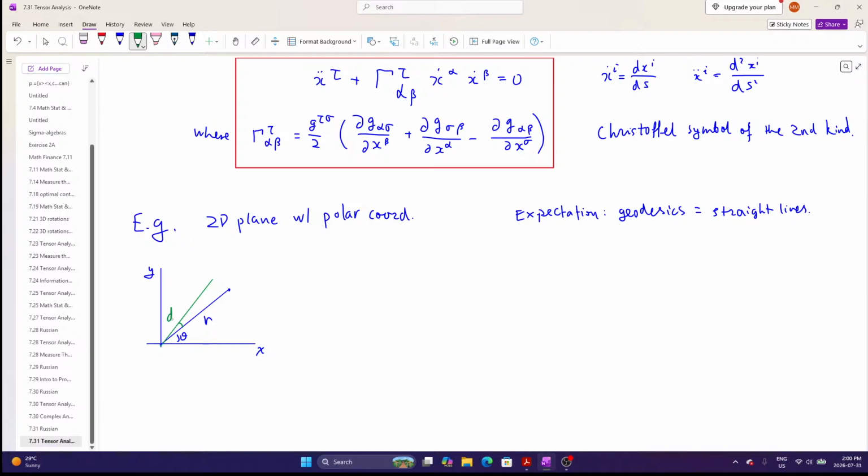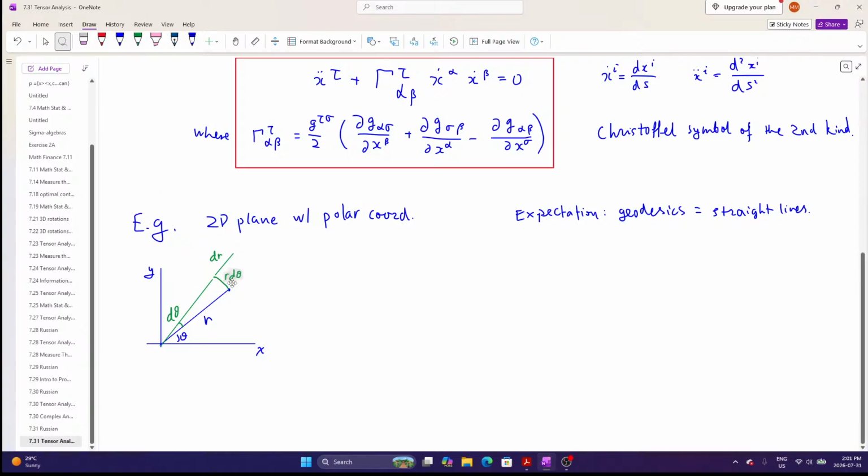This is d theta, and this is the displacement in the theta direction. Because r is constant for now, there is no displacement in the radial direction. Of course, this is just r d theta. Very intuitive. And now let's say you make a radial displacement, say dr, like this. What would be the total displacement?